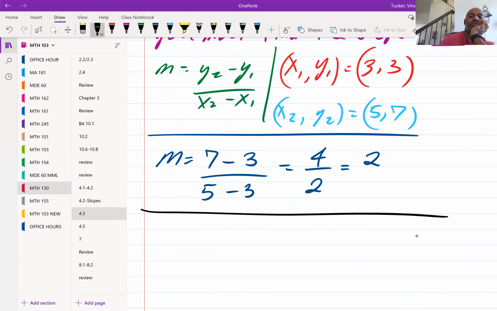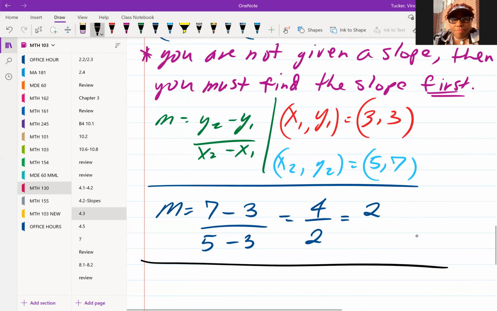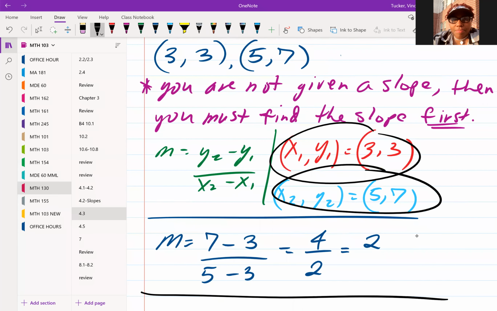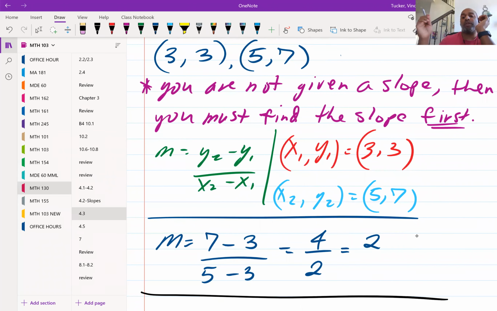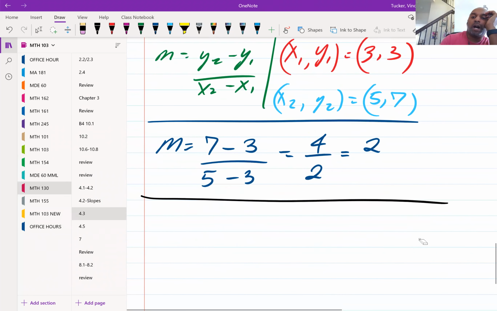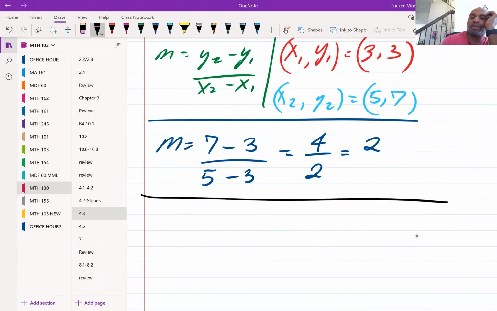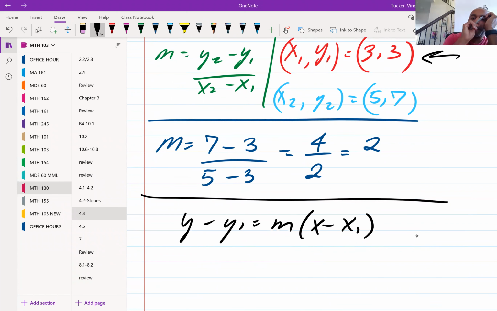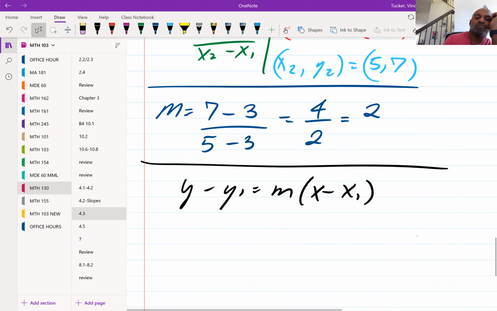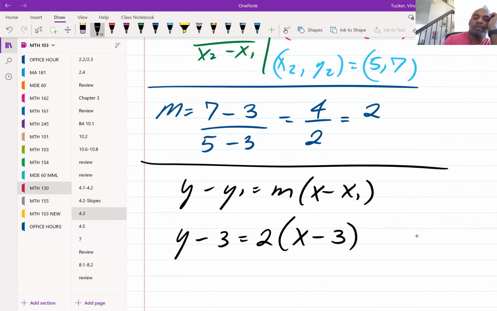All right. So now that we have a slope, we can use either one of these points. It doesn't matter which one we use. We'll still get the same line because the line runs through both of those points. I always use the one that I've already called x1, y1. Because remember our formula: Y minus y1 equal to m times x minus x1. So that's y minus 3 equal to 2 times x minus 3.